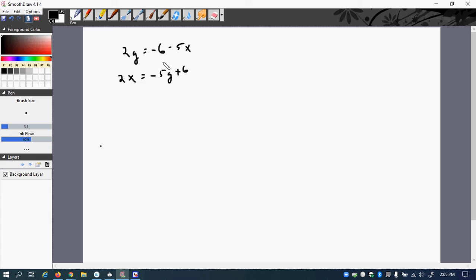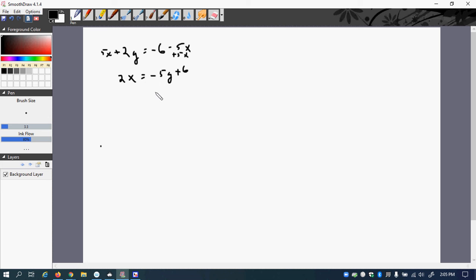So right away we want to eliminate one of the variables, but notice everything's kind of not organized. And so it'd be good to organize it so that the x's are lined up, the y's are lined up, and then the constants are lined up. So I'm going to add 5x here to both sides.